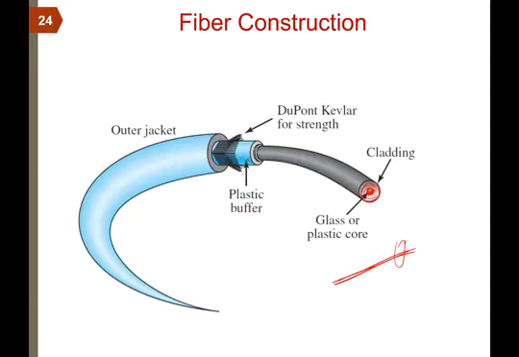For example, if you see undersea cables, they are very, very well protected. Okay, so this is the glass, this is a plastic buffer. You have Kevlar normally to strengthen the cable so that you cannot stretch it and break the fiber inside, and there is an outer jacket to protect the cable.